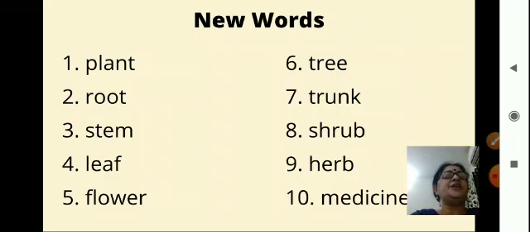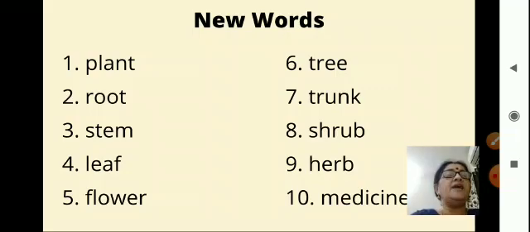Number 6, tree, T-R-E-E, tree. Number 7, trunk, T-R-U-N-K, trunk. Number 8, shrub, S-H-R-U-B, shrub.